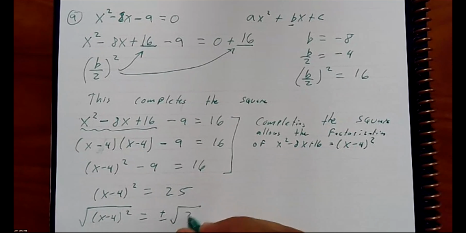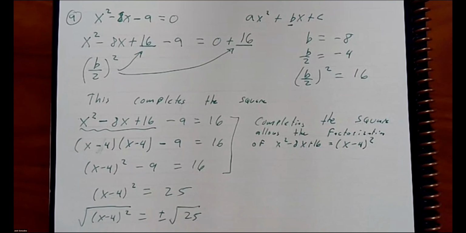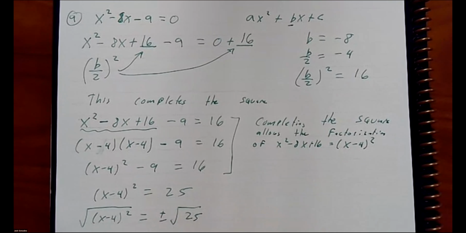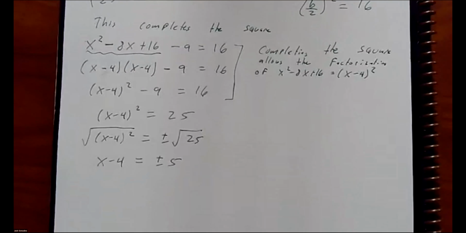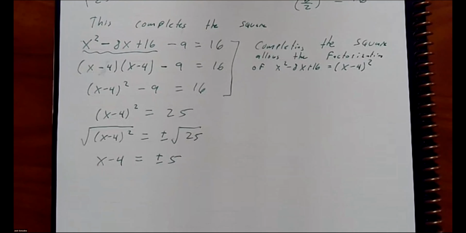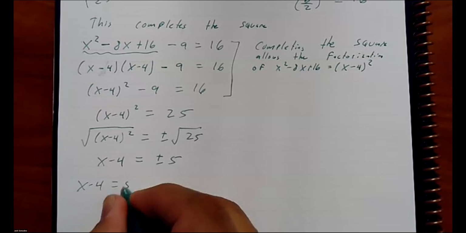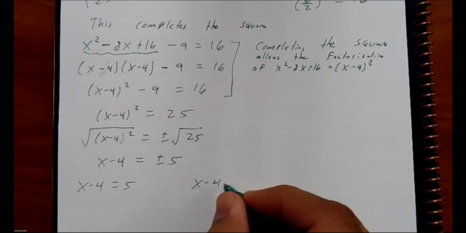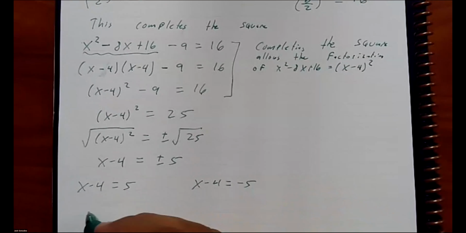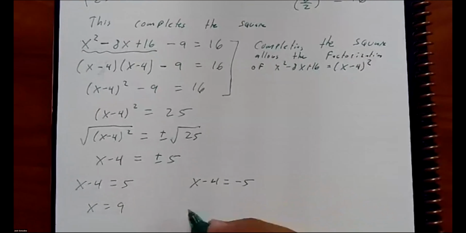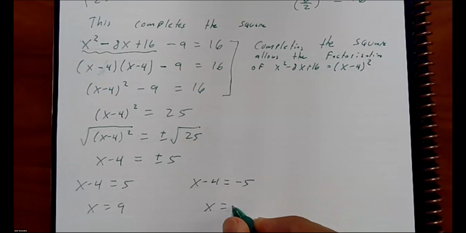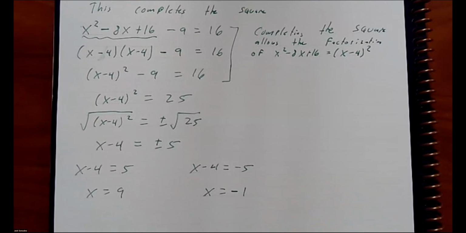Back on the plus or minus. This cancels, giving me plus or minus 5. So again, this means I have x minus 4 equal to 5, x minus 4 equal to negative 5. And that's it.